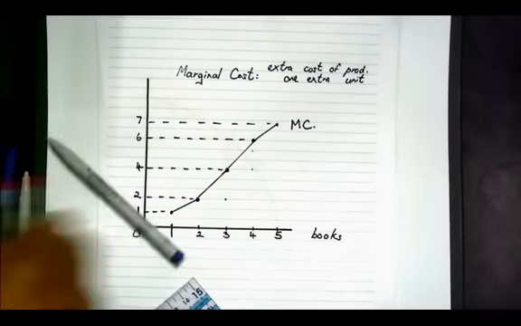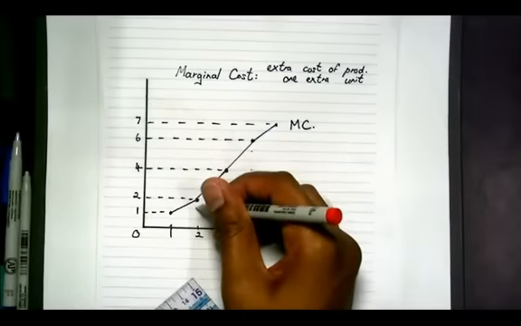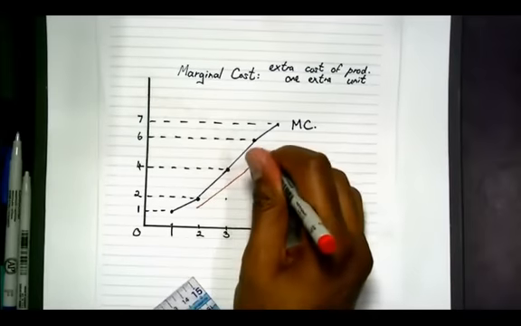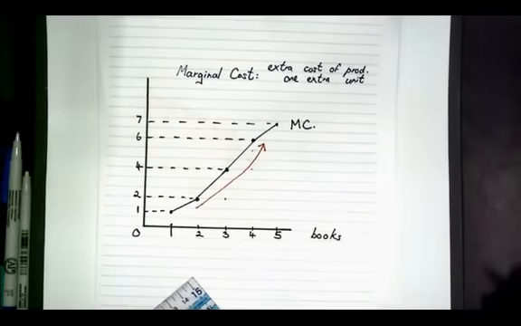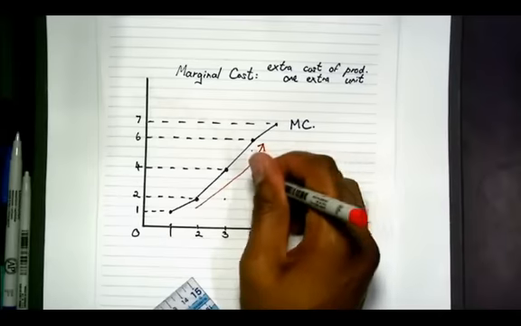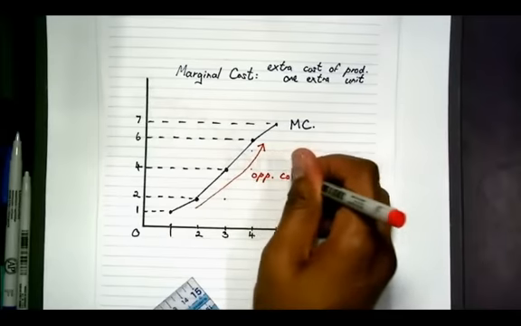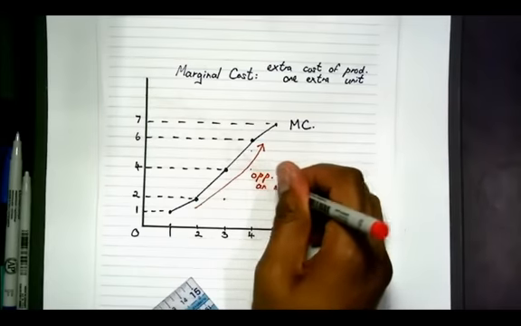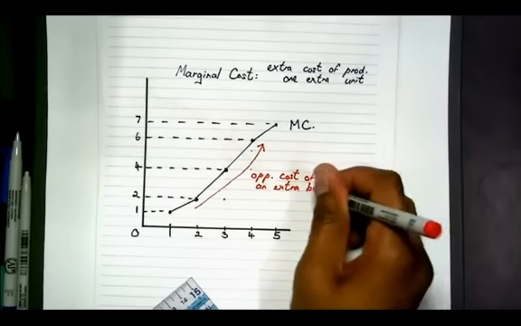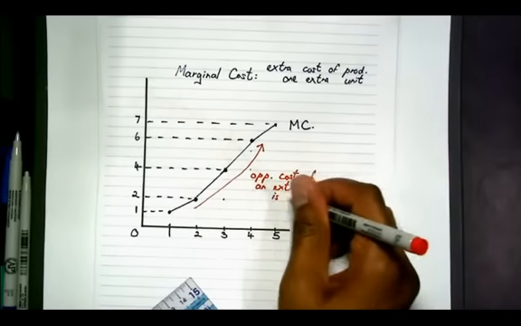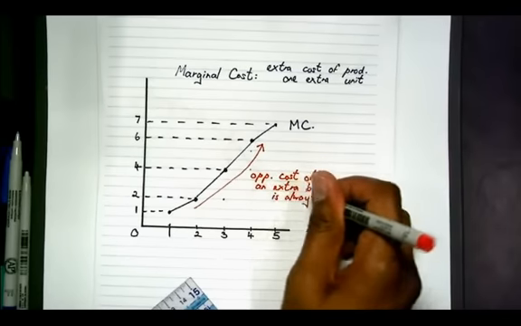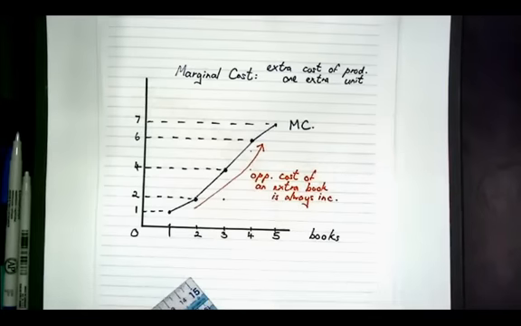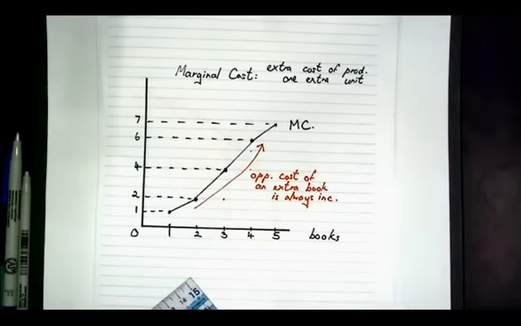The feature of this graph is that it is always going up, because the opportunity cost of an extra book is always increasing. The opportunity cost of an extra book is always increasing. It is always going up.